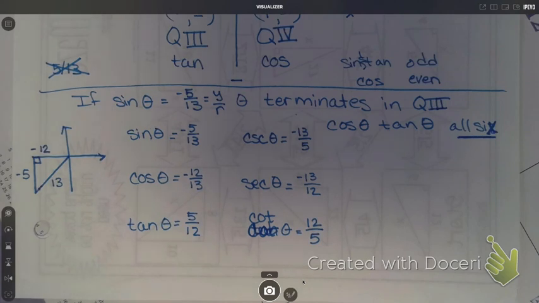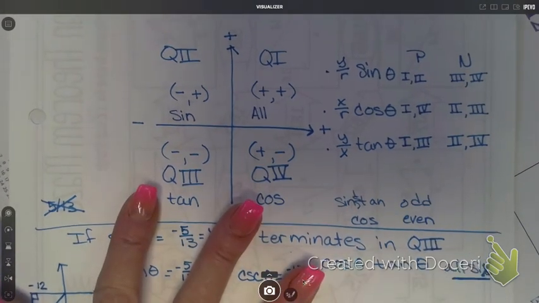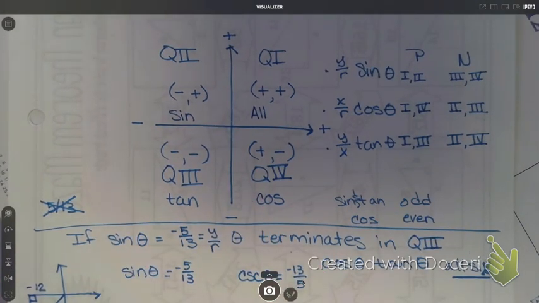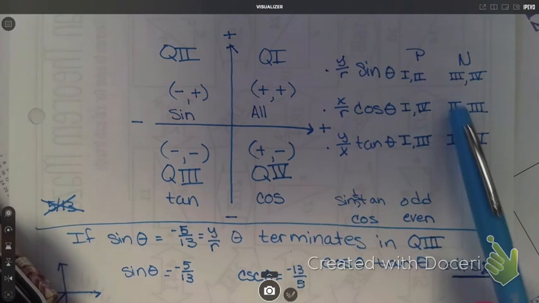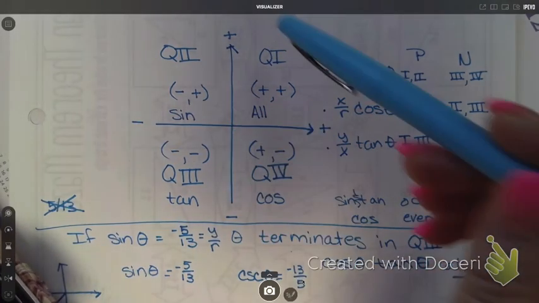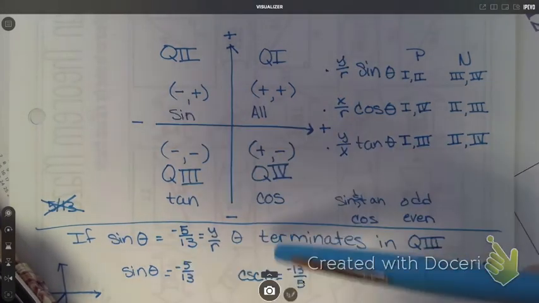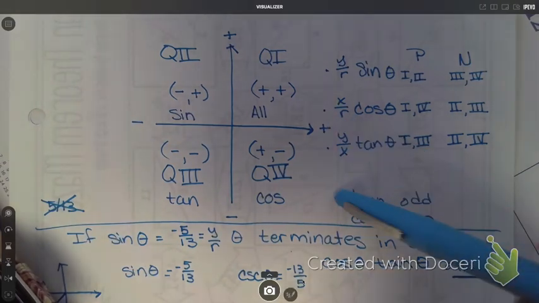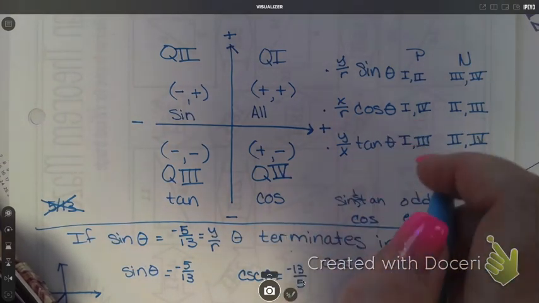So if the tangent's negative 16 over 3, what quadrant could it be in? If tangent is negative, what quadrant could it be in? 2 or 4. Okay. Now you can look at this chart, but would it be better to make this and think of it as your y over x? Yes. Okay. Questions?